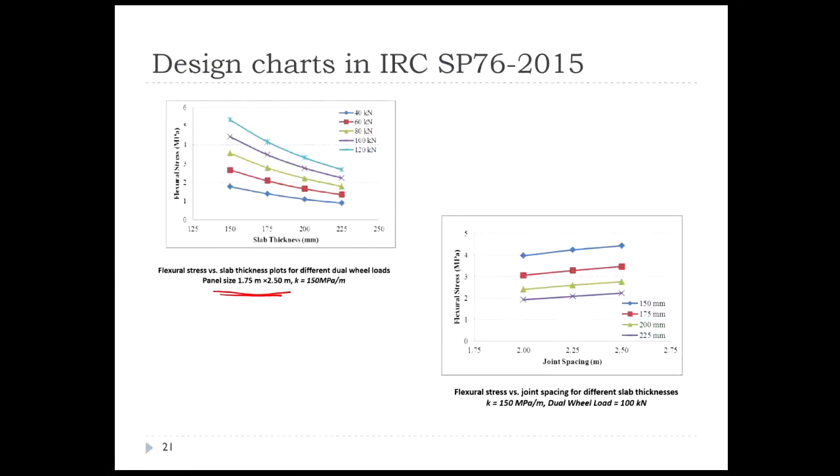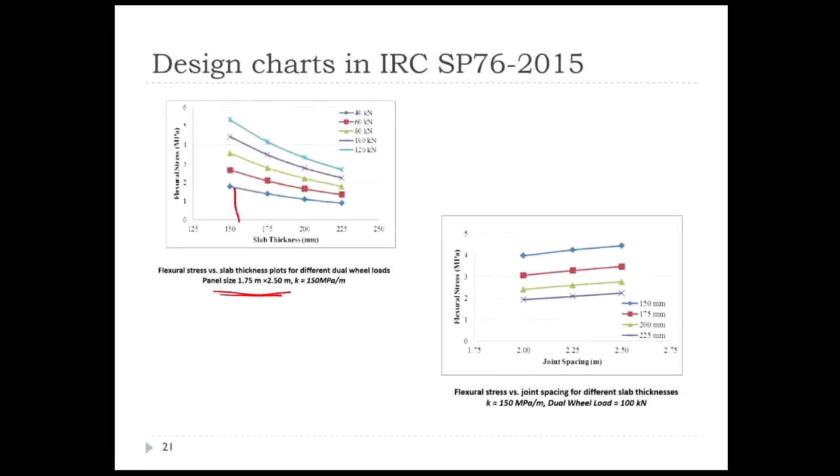For whatever panel size you have chosen, identify the corresponding design chart, and you can vary your trial thickness. The combined flexural stresses from the load as well as the temperature stresses are given. So you can identify, corresponding to a thickness of say 150 mm, what the flexural stress occurring in the slab is. You need to compare this value to the flexural strength.